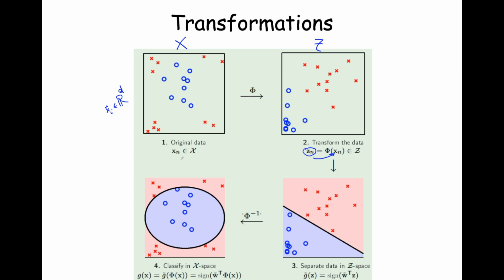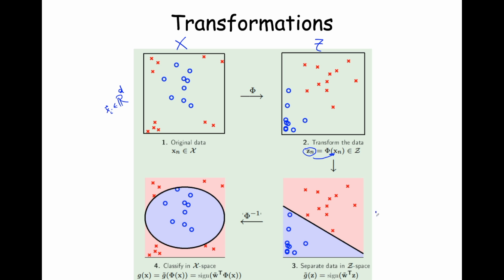So we start out with our original data point in input space. We change the geometry by application of the phi function, our transformation, and each of those data points xn results in a corresponding new version of this data point we call Zn in feature space Z.